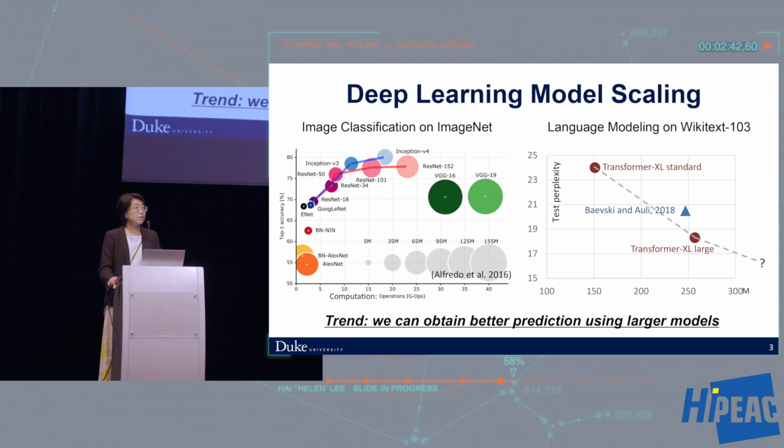As you can see, the general trend is that when the accuracy improves, it must be associated with an increase of the model size, and therefore an increase of the computation cost.